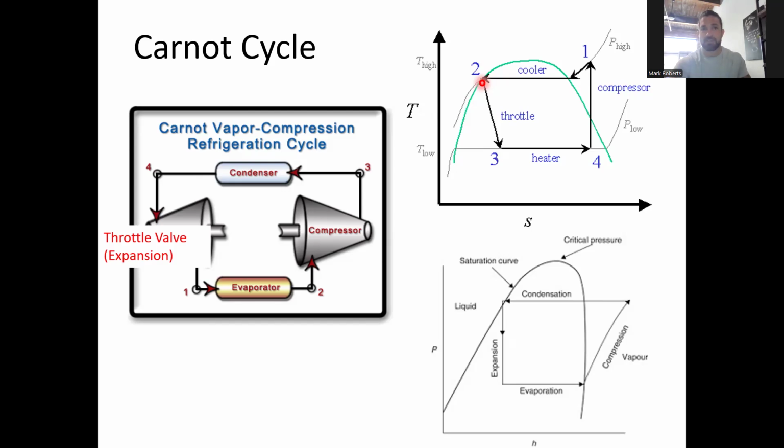The vaporization of some of the liquid causes a quick temperature drop, dropping the pressure and the temperature. So now we have a vapor liquid equilibrium at a significantly lower temperature, because we took this saturated liquid and allowed it to expand.